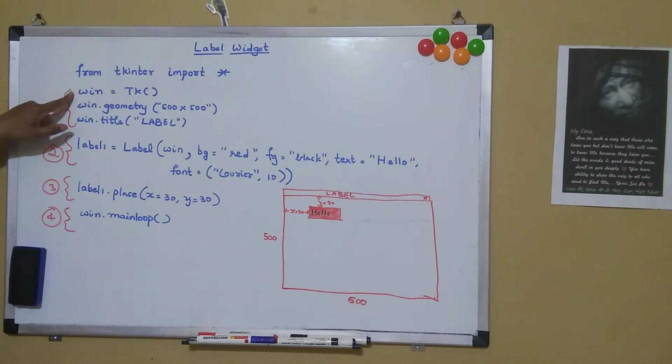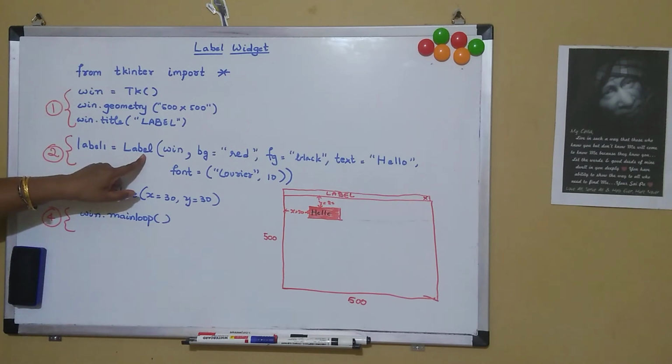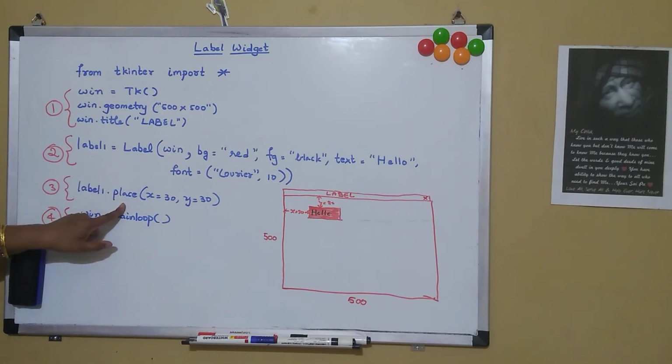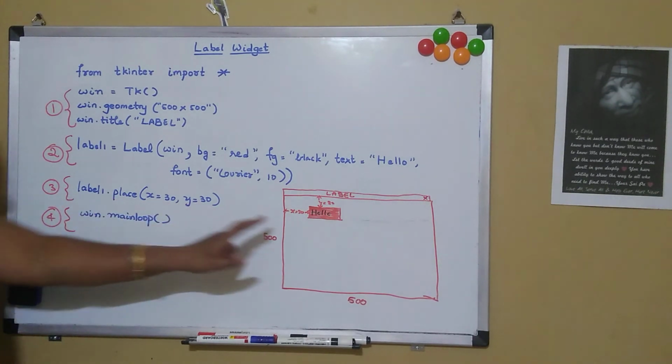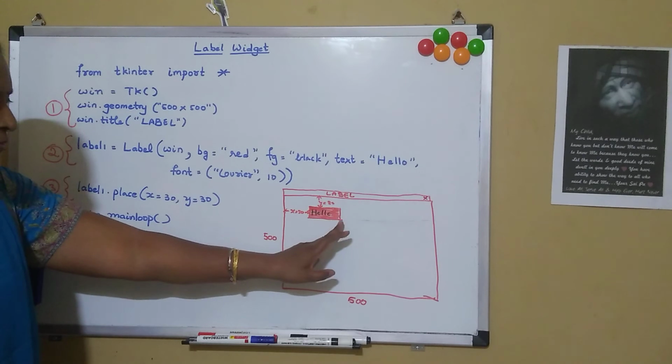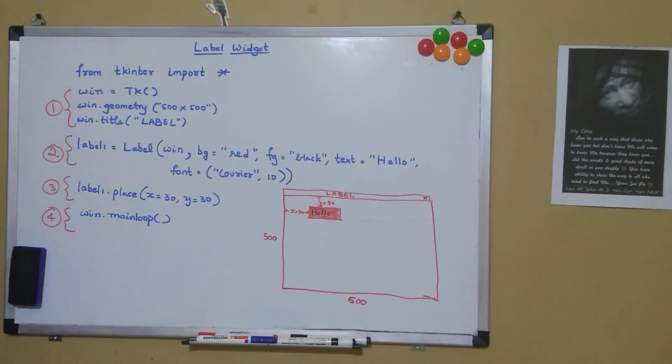Firstly we are creating a main window, then creating the label widget, then placing the widget, and then creating a main event loop. So this is how, with an example, I think you were able to understand the label widget.